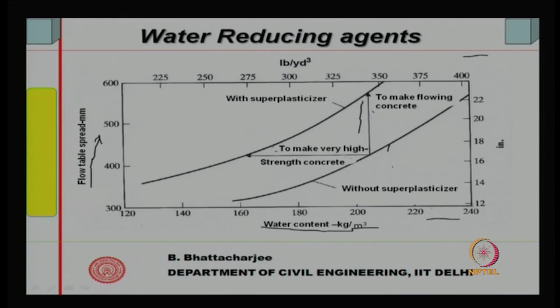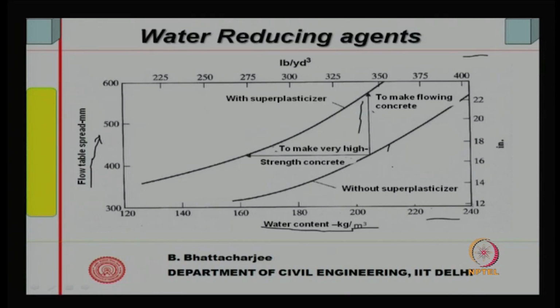You can also save on cement content by reducing down the water content and reducing down the cement as well. So, you can save on cement at the same strength and workability if you like. You can get higher strength at same workability, or at same strength you can get higher workability. So, this is the way one can use superplasticizer.